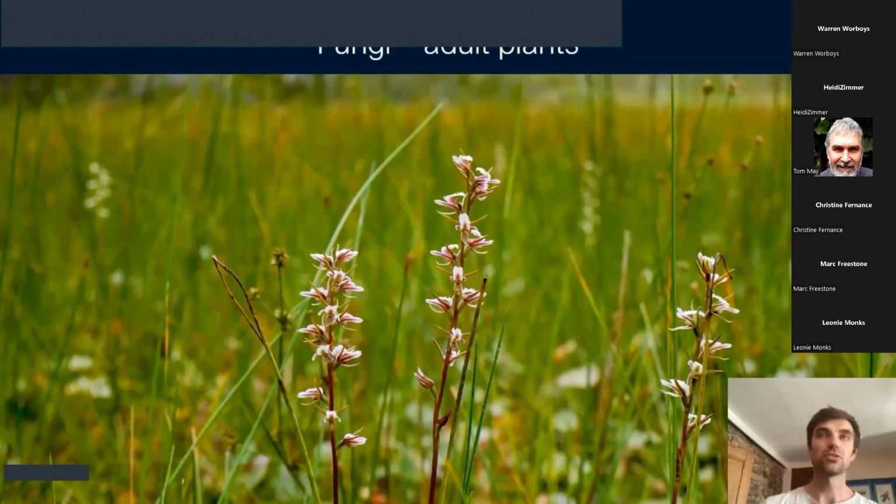So leek orchids, like all orchids, have tiny seed. Seed so small it can't germinate by itself. It just falls to the ground, and rummaging through the soil are these little hyphae of these mycorrhizal fungi. And for some reason, when they stumble upon the seed of a leek orchid, they don't eat that seed, but they grow into it and pump food and water into that seed to get it to germinate.